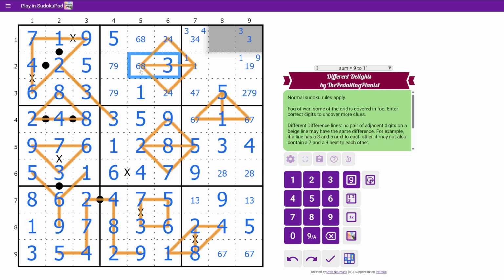If this is a 6, it's a 3 difference, a 2 difference, and a 4 difference.